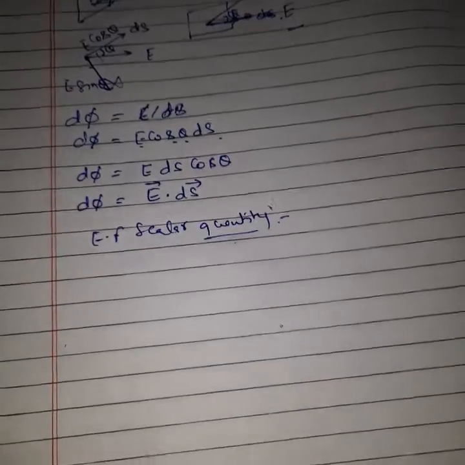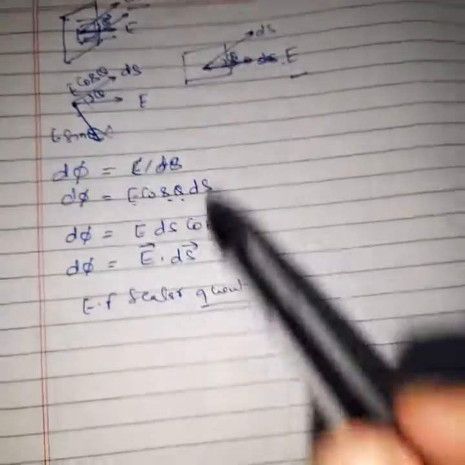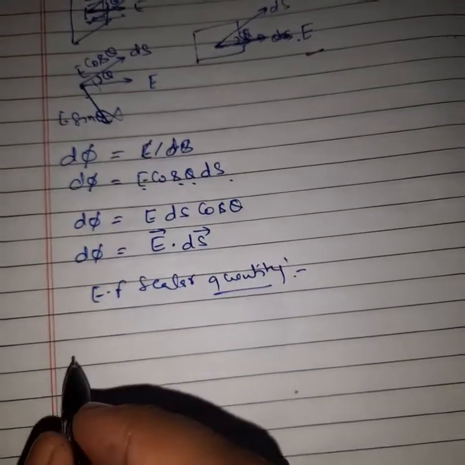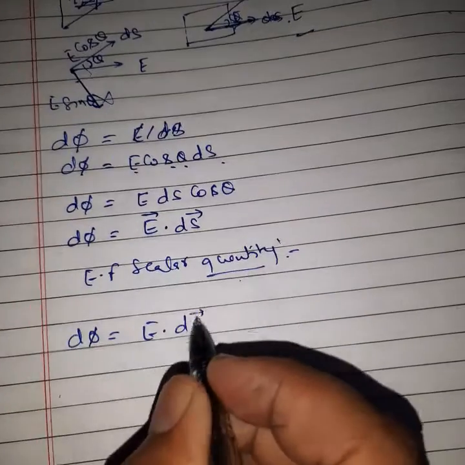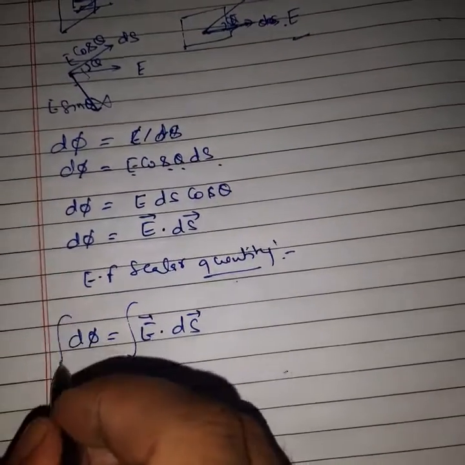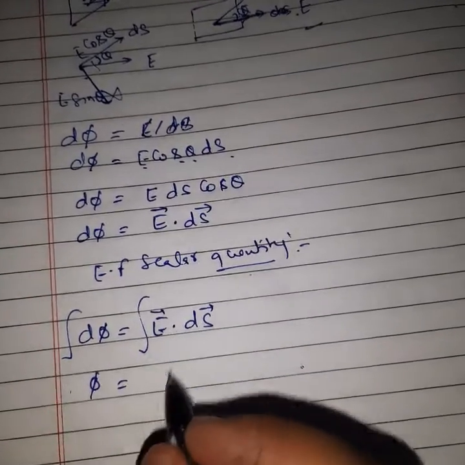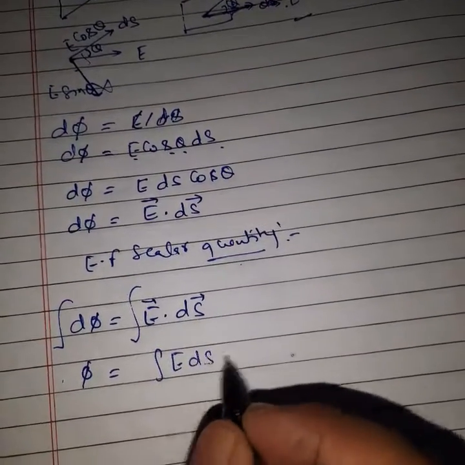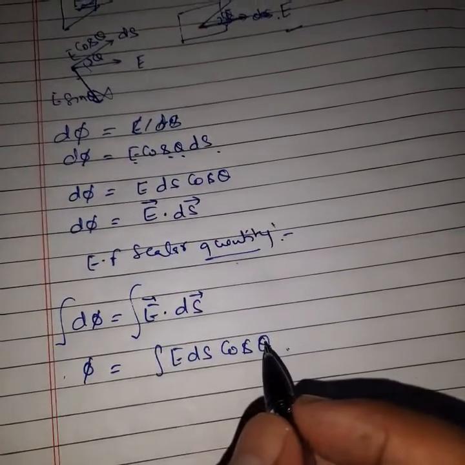Now listen to one thing. When we want to find out the flux for the whole surface, what will we do? We will integrate it. So dφ = E · ds, then integrate it for getting the total value. So φ = ∫E ds cos θ.